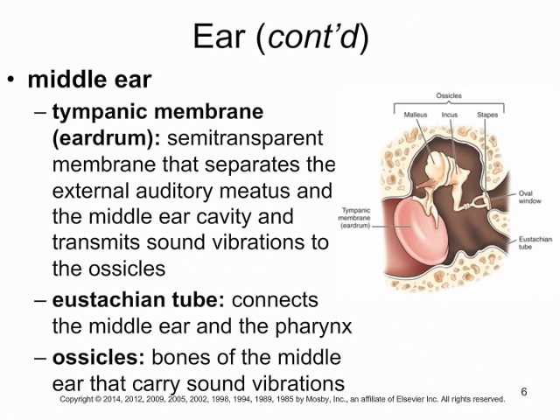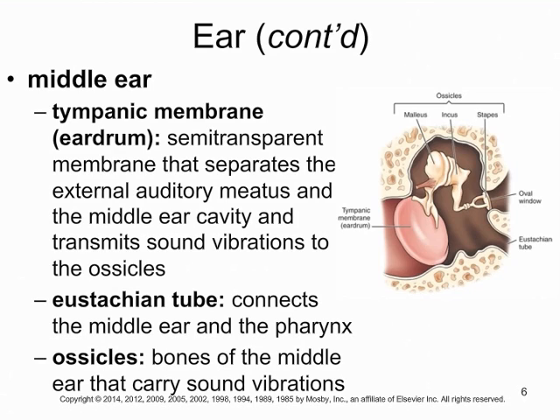The next portion of the ear is the middle ear, and it starts with the eardrum, also called the tympanic membrane, and its job is to vibrate when the sound waves come in through the external auditory meatus. Those waves cause the tympanic membrane to vibrate, and then those vibrations cause the next part of the middle ear to vibrate, and that transmits signals.